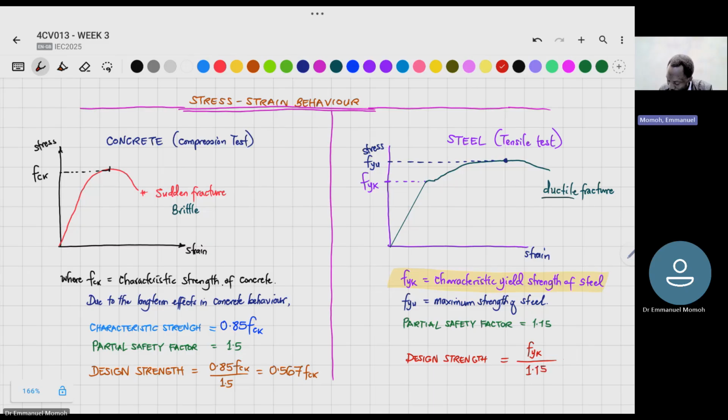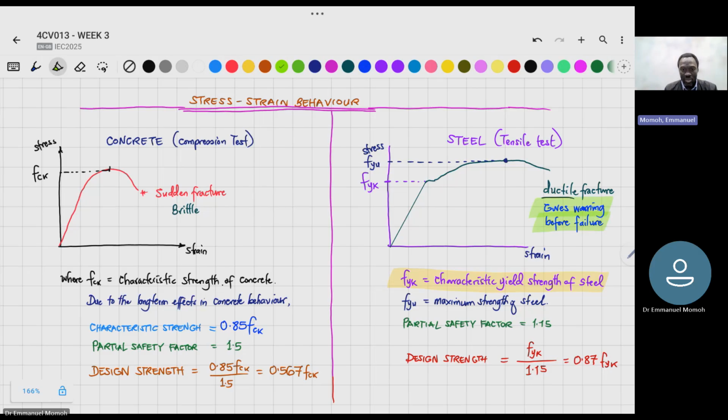And that gives us 0.87 fyk. And these are the values that we use in design. Now we must also understand that the ductility of steel is what is responsible for a warning before failure in reinforced concrete design. And this is a good property because we don't want sudden failure in our materials.